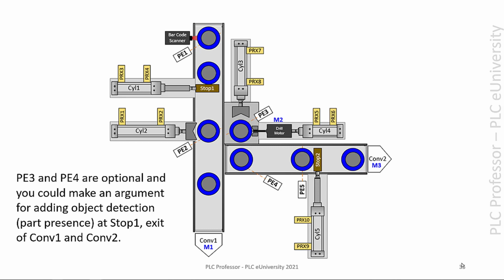Now, in our lab project, we're going to use code to say there's one at PE3 and to say there's one at PE4. So I'm going to show you how to use logic to create virtual sensors, because machine builders are famous for getting rid of as many sensors as they can. In other words, if you can do it with logic, they figure your time is cheap and logic is free.